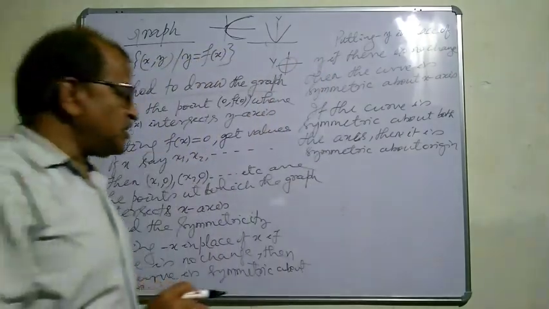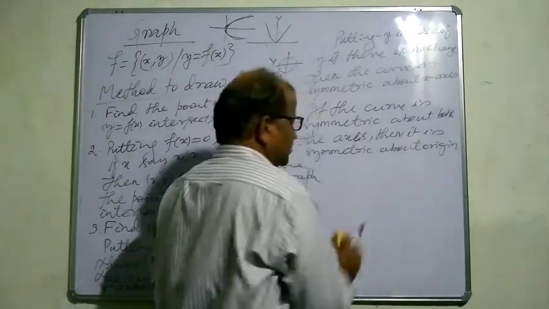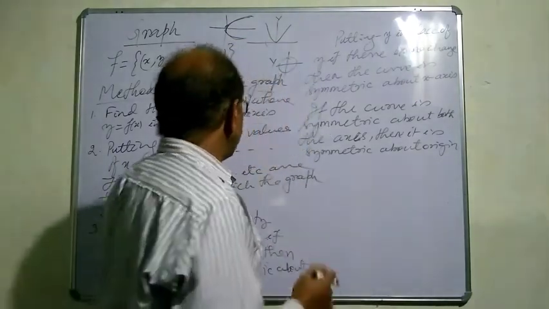In each quadrant there are equal parts, like a circle with center at the origin. We will take an example.